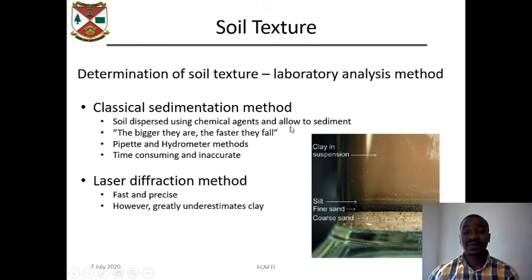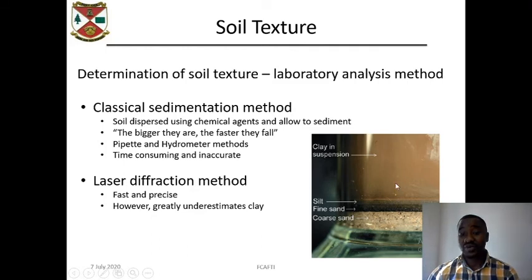In this method the large particles will fall first, followed by the smaller particles, and the smallest particles, which are clays, will settle last.